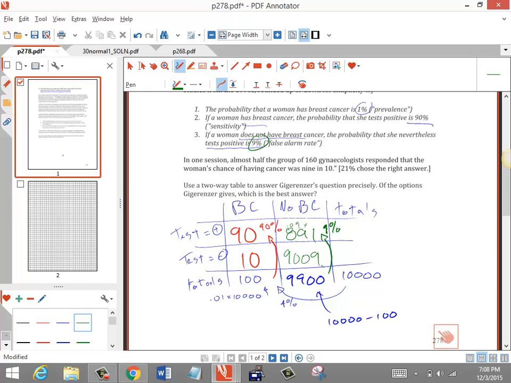I couldn't figure out where you get 10,000 from. You could have started with a different number, and it just would have made some of these into decimals. 10,000 is just a convenient number, because what we need to do is understand how all these different percentages relate to each other.